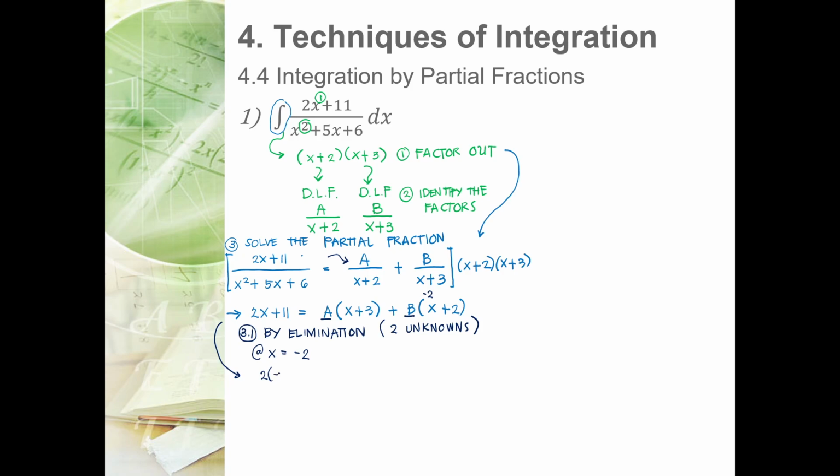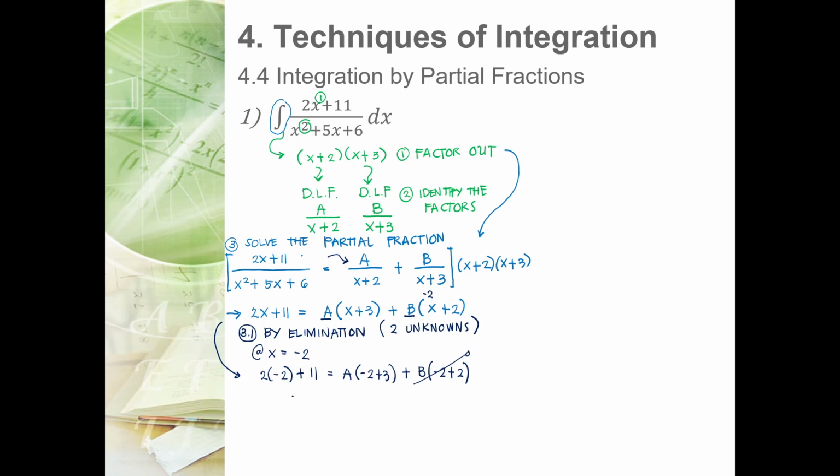So this becomes 2 times negative 2 plus 11 is equal to a times negative 2 plus 3 plus b times negative 2 plus 2. Notice that negative 2 plus 2 is 0, so it cancels out the b parameter.